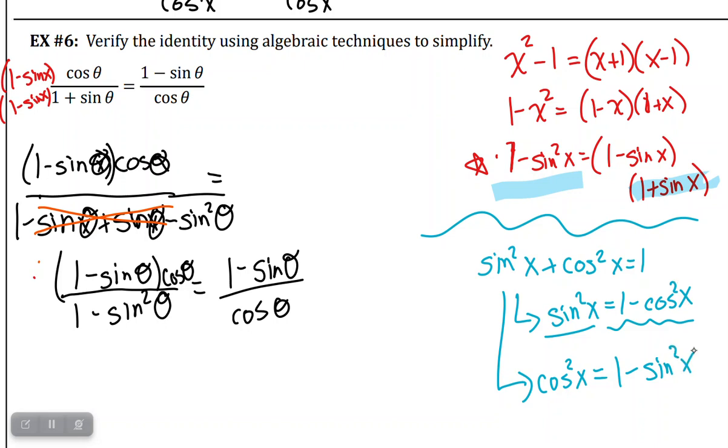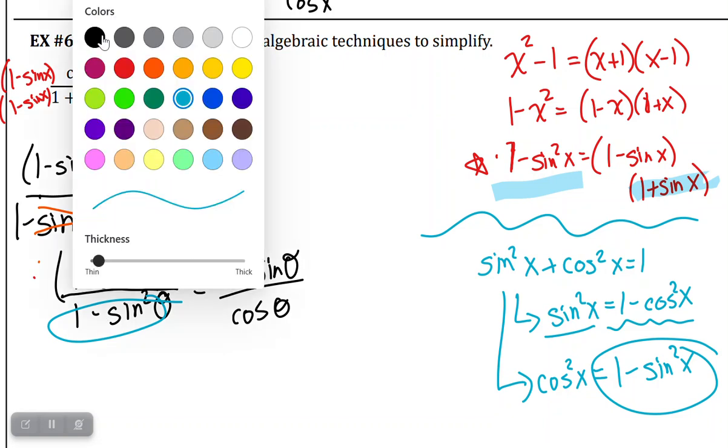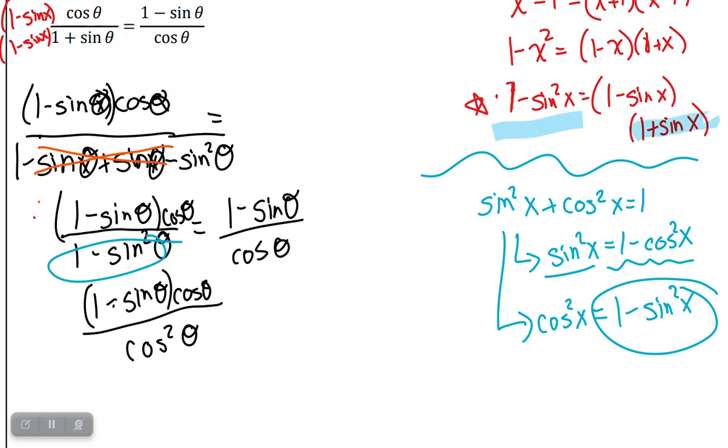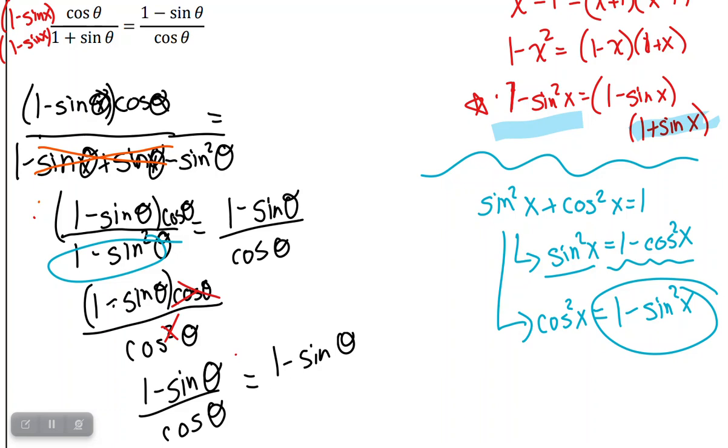Well, what just happened here? I figured out this piece. 1 minus sine squared x is equivalent to cosine squared. So in the numerator, I have 1 minus sine theta times cosine theta, now over cosine squared theta. And hopefully you see the cosine and the squared part cancel out. And we're left with 1 minus sine of theta over cosine of theta, which then verifies.